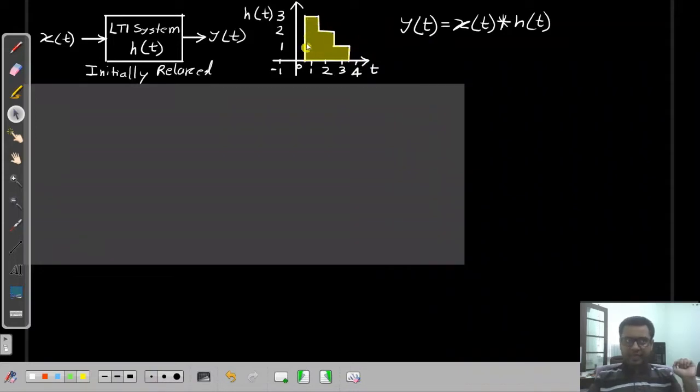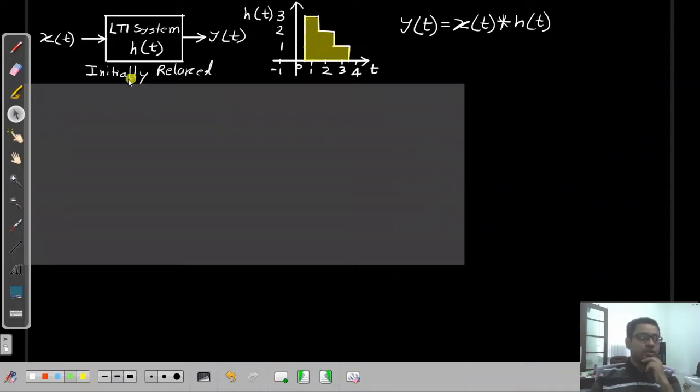I have intentionally taken it to be piecewise constant for ease of understanding, and I have intentionally colored the area under it yellow.